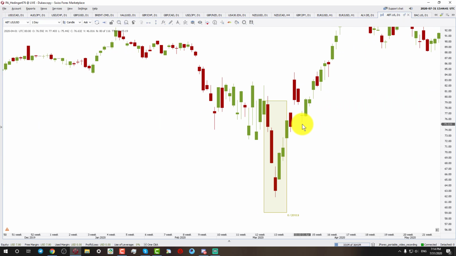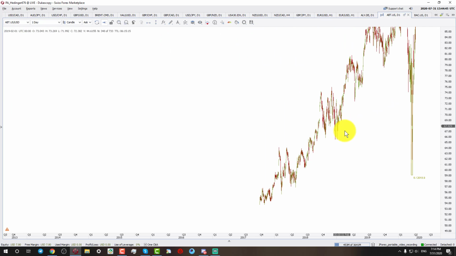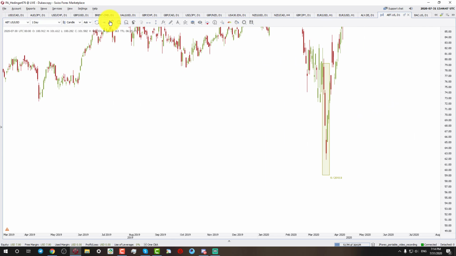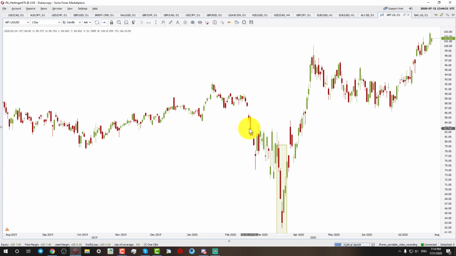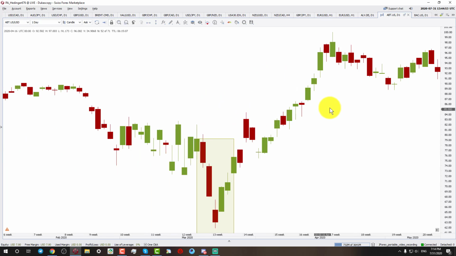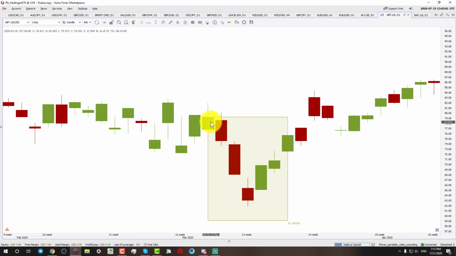Talking about the second example, here I will show you that this thing happened at support. This happened at the previous support level, but okay, just see what it was. The price was in a downtrend and it was showing you bearish candles. See here.